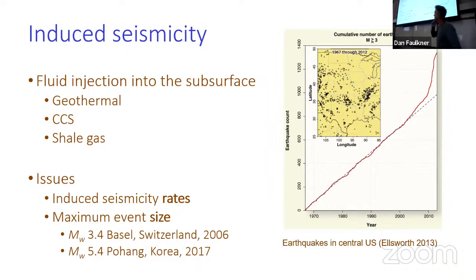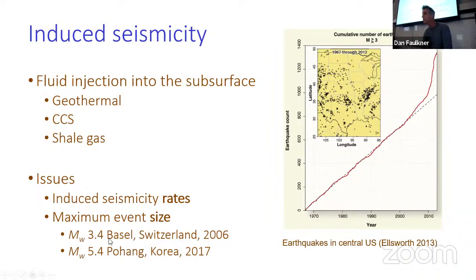So as I said before, this is really important for a number of different industries. And this study really focused on trying to understand the rates of seismicity, so how many earthquakes that we produce when we do inject fluids into the subsurface, but also how big those earthquakes are, because that's what really matters in some ways. People only feel the big earthquakes. And, you know, a couple of examples just here.